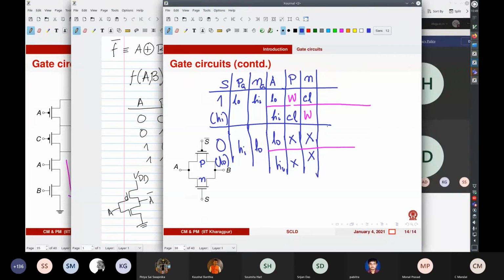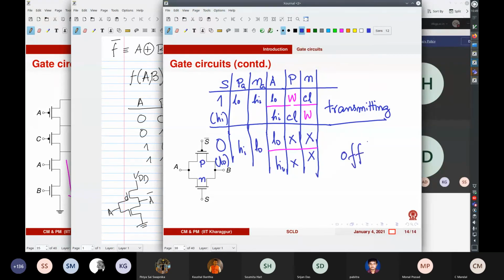So you can say that in this situation it is transmitting, and in this situation it is off.